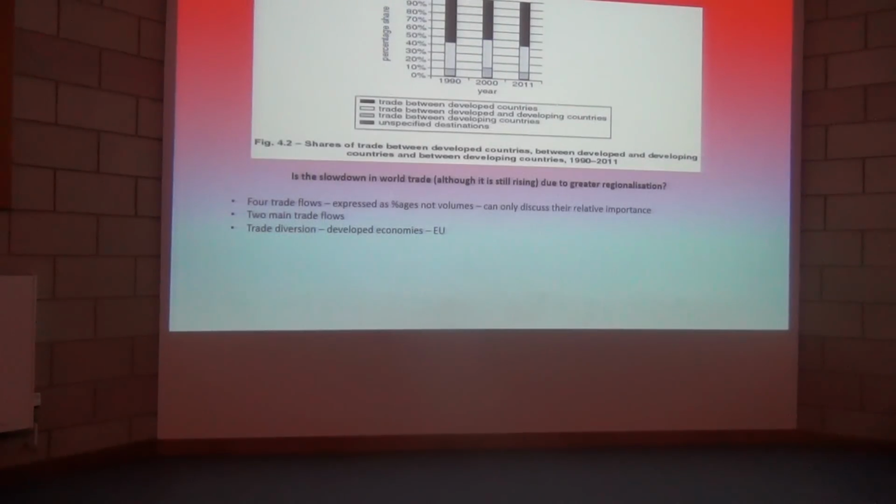Trade diversion is something which you could comment on when you're discussing this diagram. Trade diversion takes place when countries group together in regional trading blocs, such as the European Union and NAFTA, and it means that trade moves from outside of that bloc to inside the bloc.